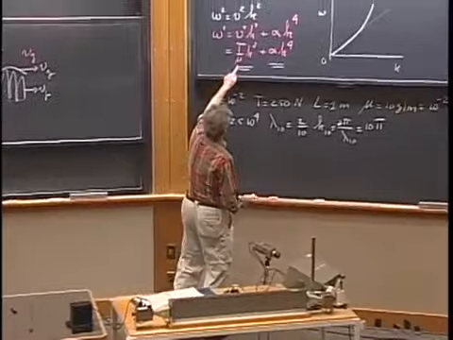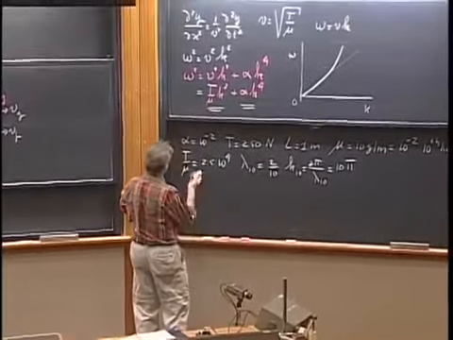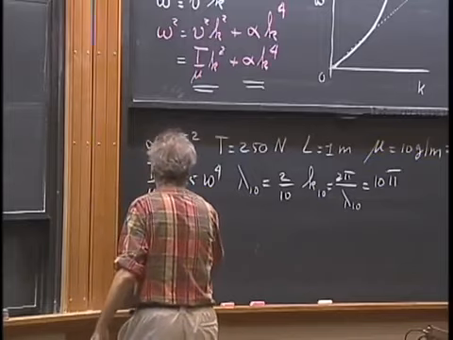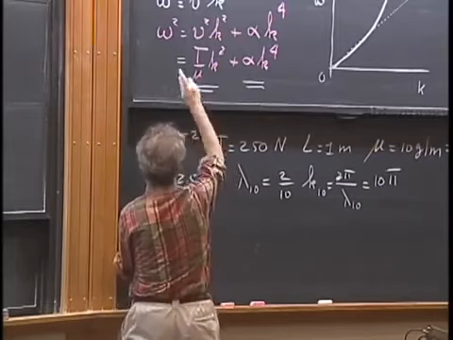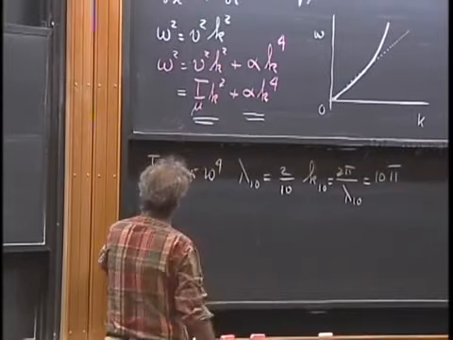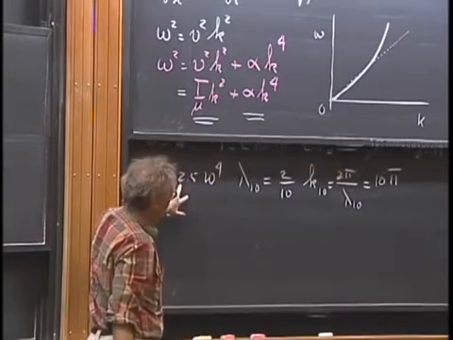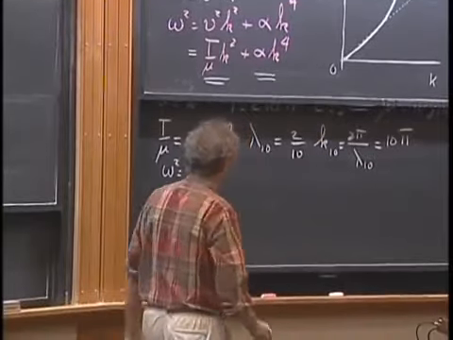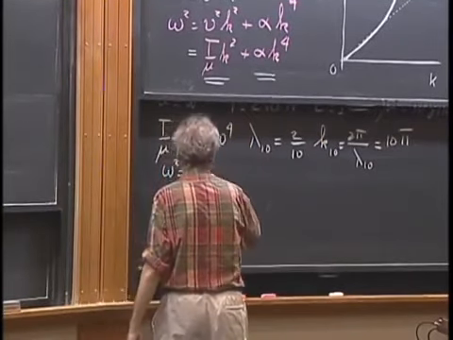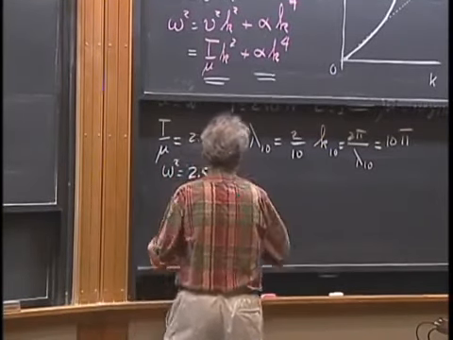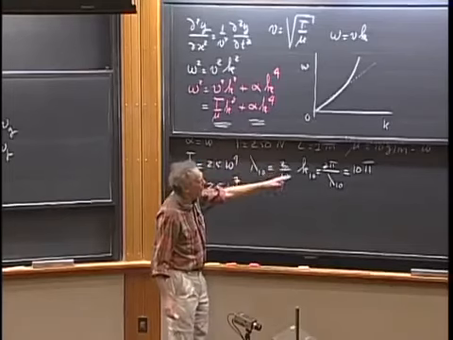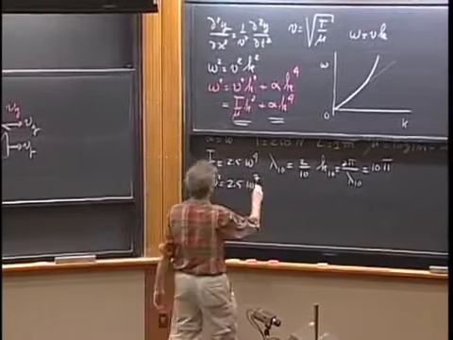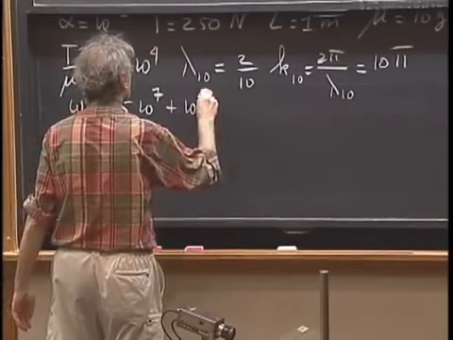So this first term now, and you can check that of course for yourself, so I will write down omega squared again, which is that term, is T over mu, and then I have to multiply it by k squared, and then I find 2.5 times 10 to the 7th. And then I can calculate alpha k to the 4th, and I have all the ingredients on the blackboard, and you find that this term is 10 to the 4th.